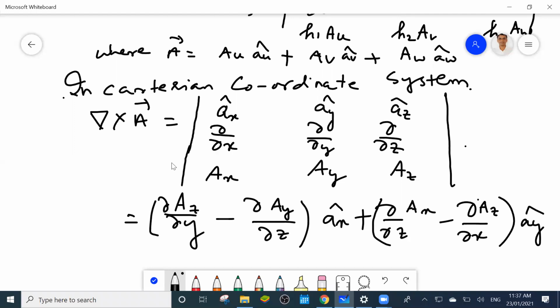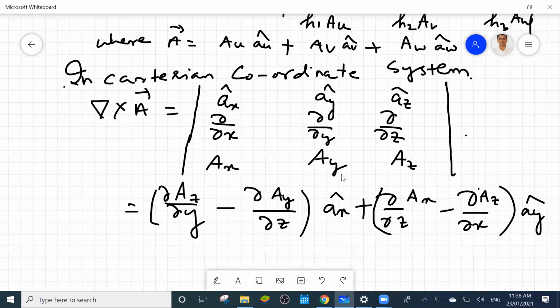Look, I am changing the sign here, so I am writing the other diagonal, not the main diagonal. In past cases, I wrote the main diagonal, then this diagonal. Since I am changing, this is plus, so I am writing A_x into del by del z, and minus del A_z by del x. So this is the second component.